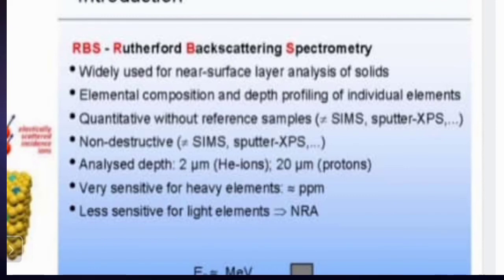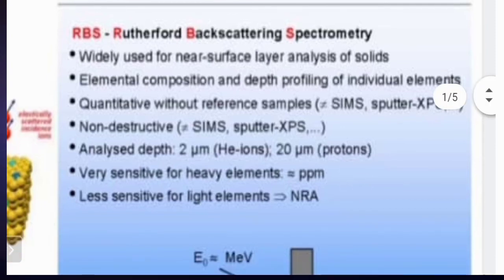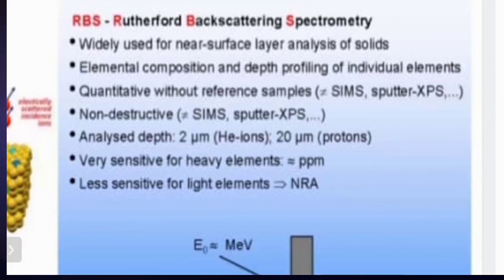You can see the basic characteristics or some important points for these techniques: this is an elemental composition and depth profiling technique, so both can be analyzed. For elemental composition we have already seen that by using mass we can determine the elements. Also, the energy region used for these ions gives you the penetration power of those primary ions.